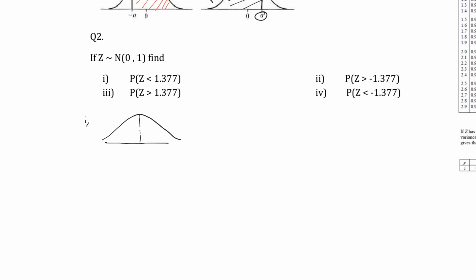So the mean is 0, and 1.377 is on this side. I've been asked to find the probability of z less than 1.377, which means this body area. Now I'll use my table to find it.